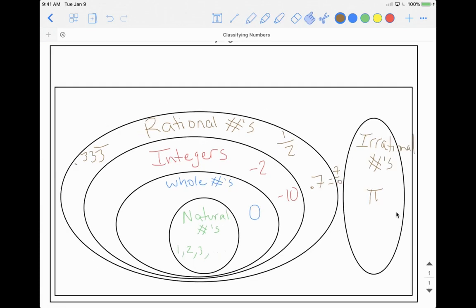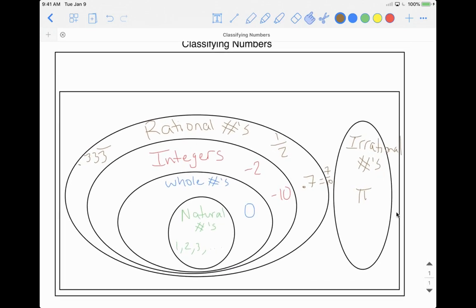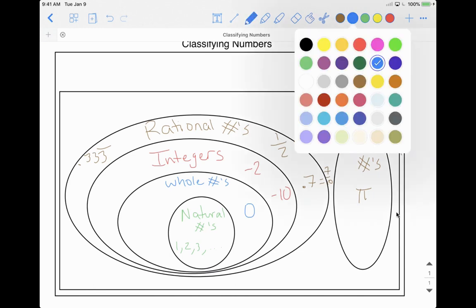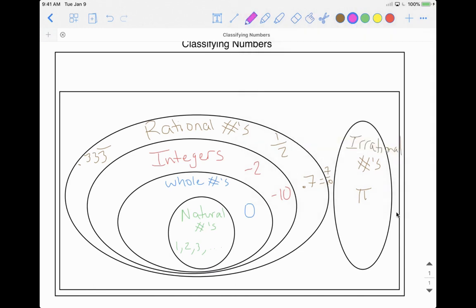And if we move out to this box here, we're almost to all of our number classifications. We get our smaller box. Let's go purple. Our smaller two boxes are our real numbers, right? And that's any number that can be written as a fraction.